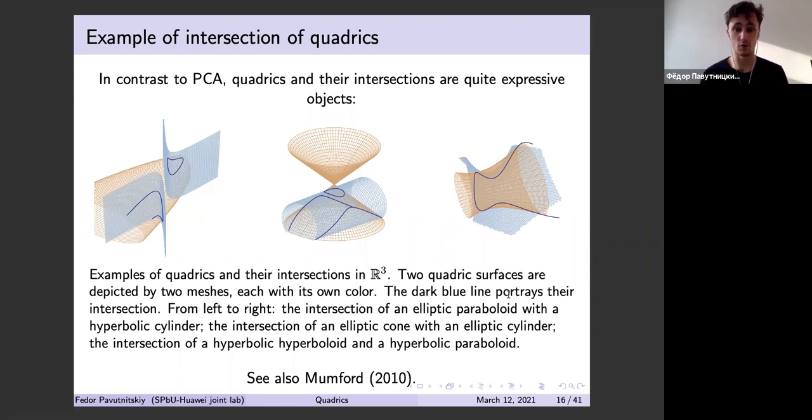Why was this model chosen? It is naturally embedded in the ambient space, and it is possible to find the distance to the manifold. So we are not interested in the geodesic distance or metric inside the manifold. We're interested in the distance between the manifold and the points in the ambient space that do not belong to the manifold. This is the idea behind the choice of this model.